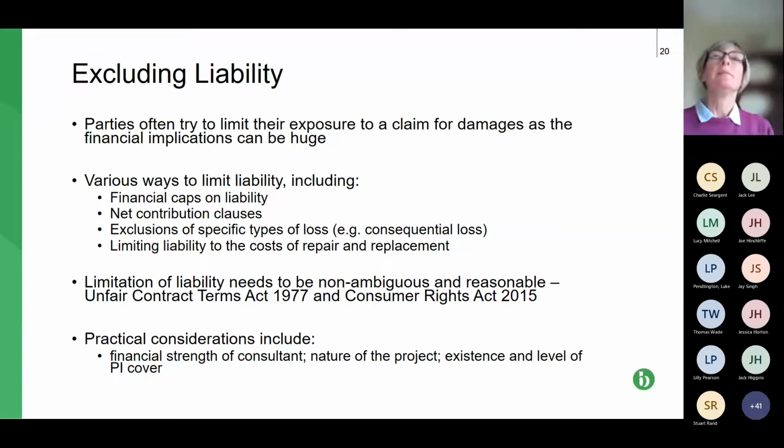You can also limit your liability with a financial cap. So typically that might be the value of the contract.